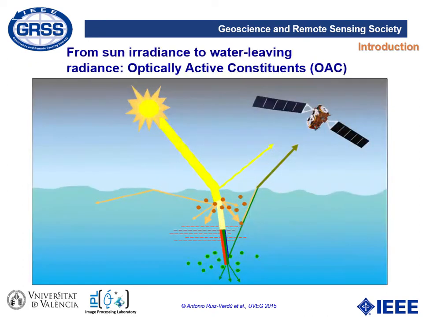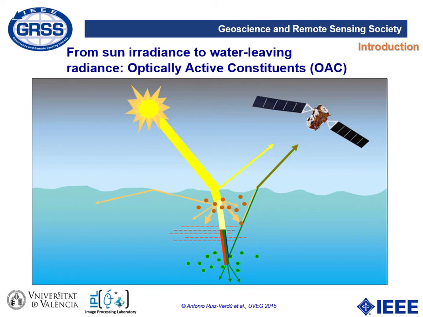So let's see what determines the observed radiance coming from water bodies, and therefore which type of water constituents we can study from remote sensors. We call optically active constituents those substances or suspended particles that are in the water bodies and that affect somehow the optical properties of water itself.